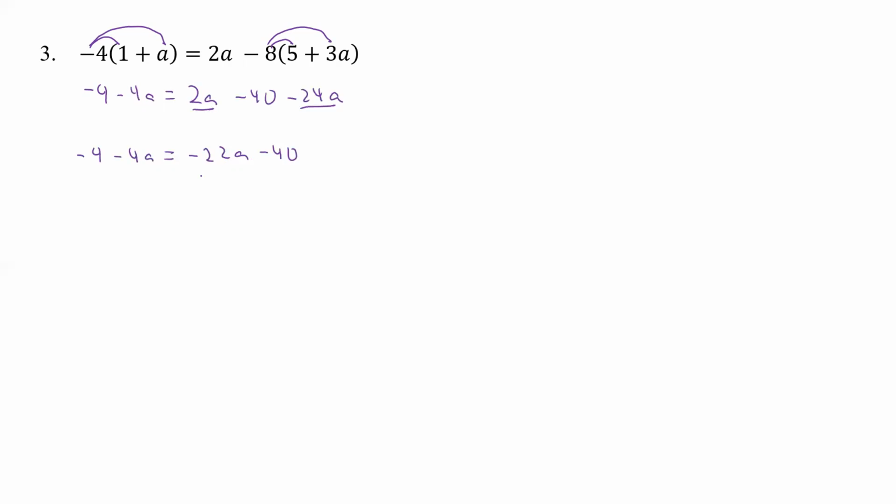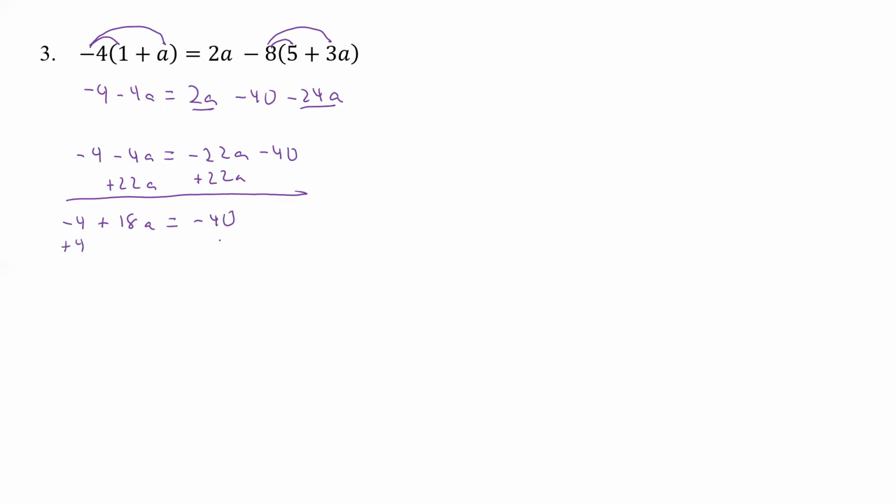Now, for the sake of argument, let's add 22a to both sides. So we have a minus 4, and then we have 22 minus the 4, so that's going to be a plus. That's going to be an 18a. That equals a minus 40.